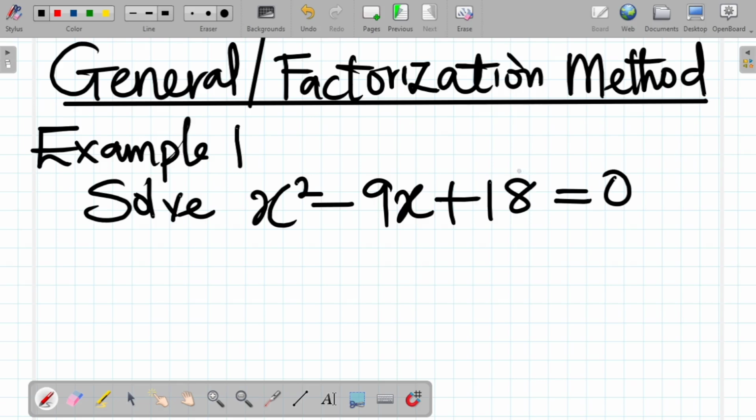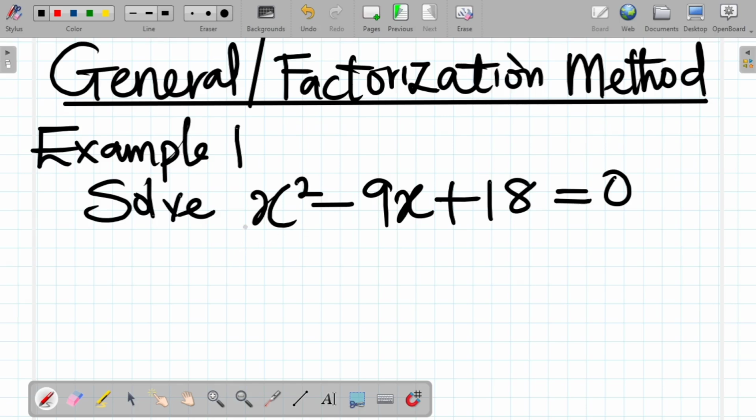Now, the first step in solving this problem using factorization method is this. Look for 2 numbers that you will add up to get the middle term, which is negative 9x, and multiply to get the last term, which is positive 18.